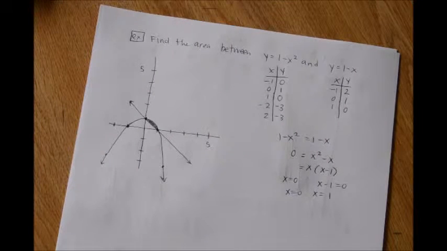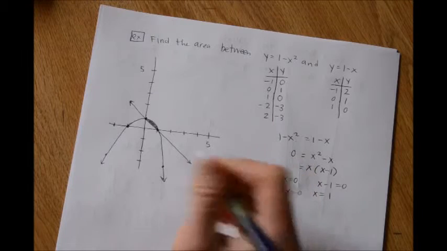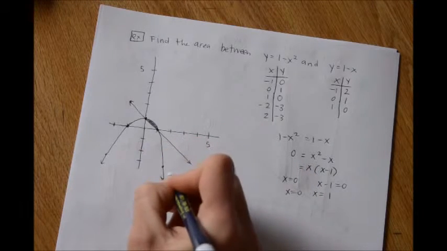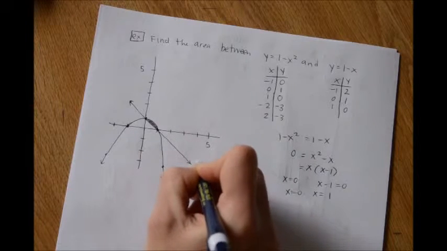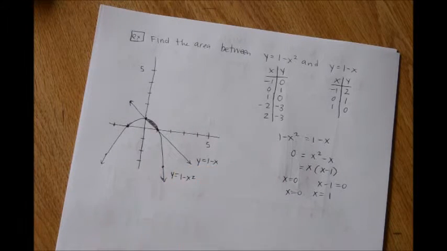Okay, so we're going to set up our integral. First of all, we need to make sure that one of the graphs is always above the other one. So let's label which ones these are. This is y equals 1 minus x squared, and this graph here is y equals 1 minus x. That just helps me know which equation goes where.